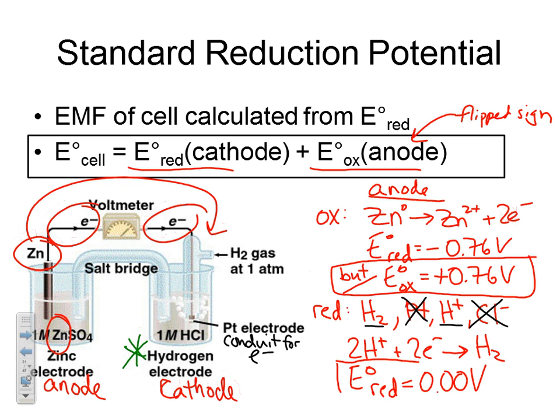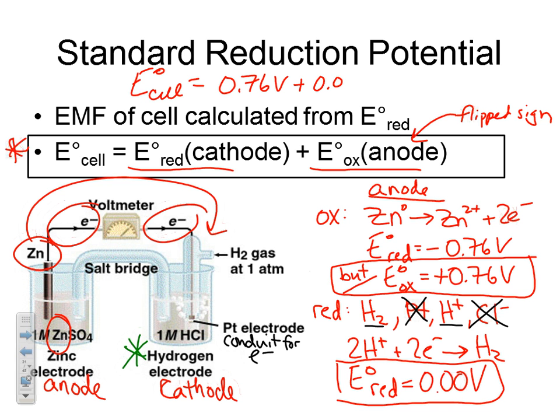And I don't have to flip that around. So if I want to simply calculate the EMF for this cell, right, E cell equals, as it says right here, E-ox plus E-red. So what's E-ox? 0.76 volts plus E-red, 0.00 volts. So this cell has a cell EMF of 0.76 volts, and that's how it works.